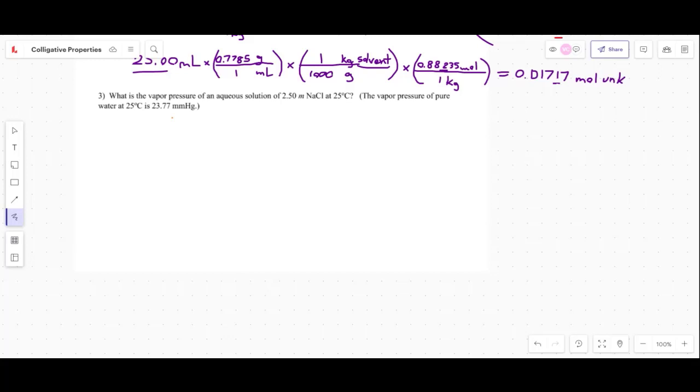In other words, is the vapor pressure going to go up or down? The vapor pressure to an extent should go down, especially since you have more particles interacting on the solvent, which is the water.